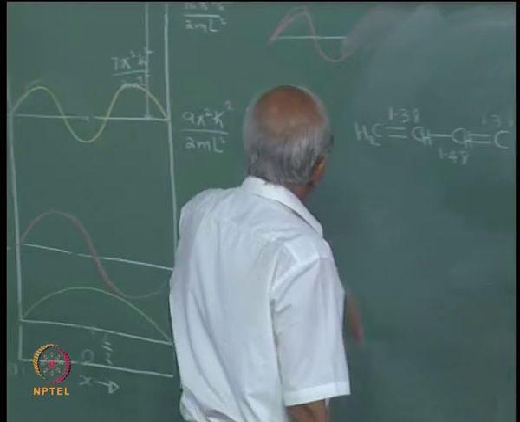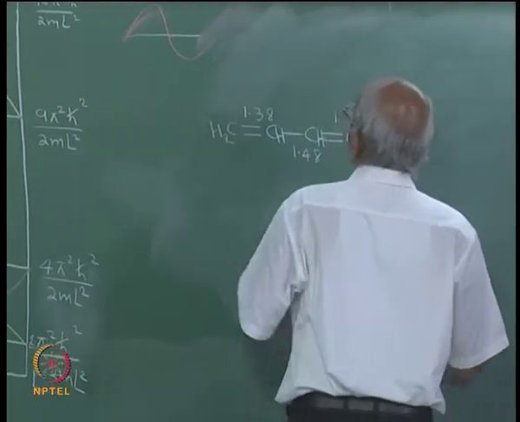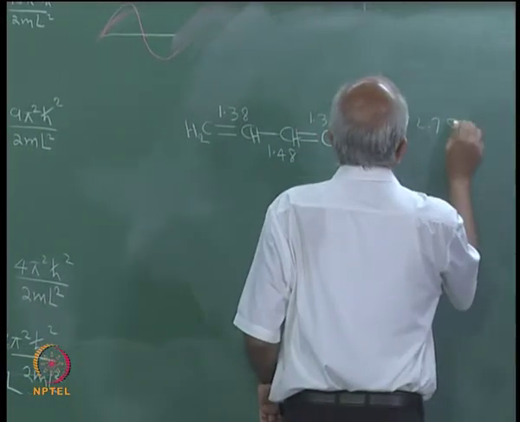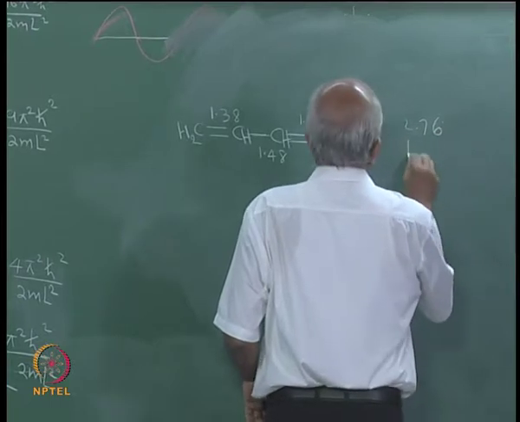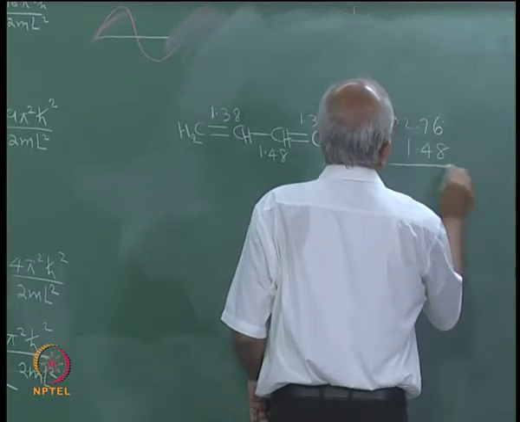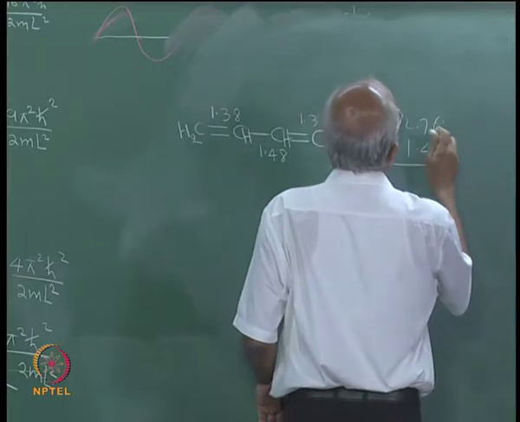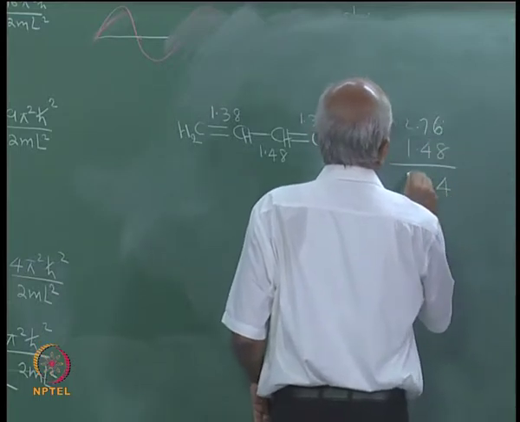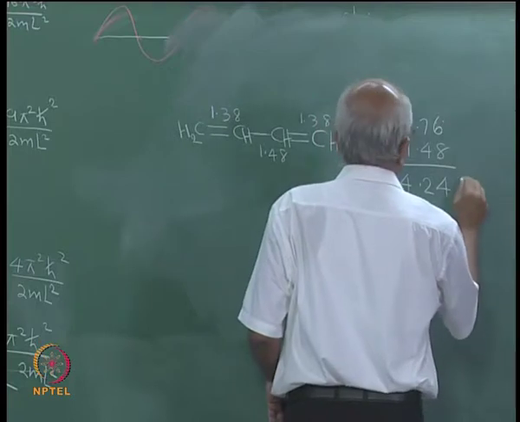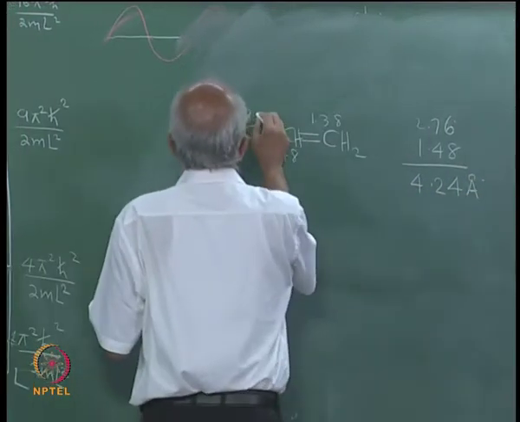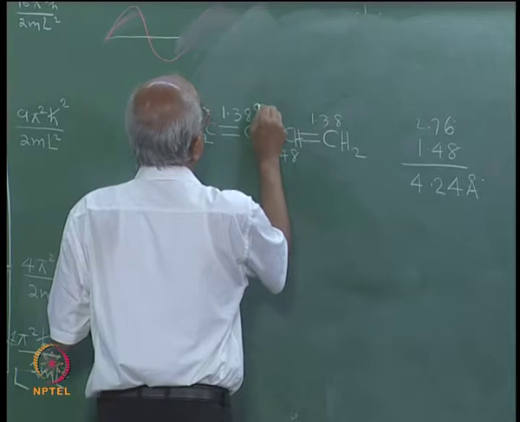You can sum all these things. So, 2.76 plus 1.48, you will find that it is 4.24 angstroms. Well, I wonder whether I mentioned the units, these are in angstroms.